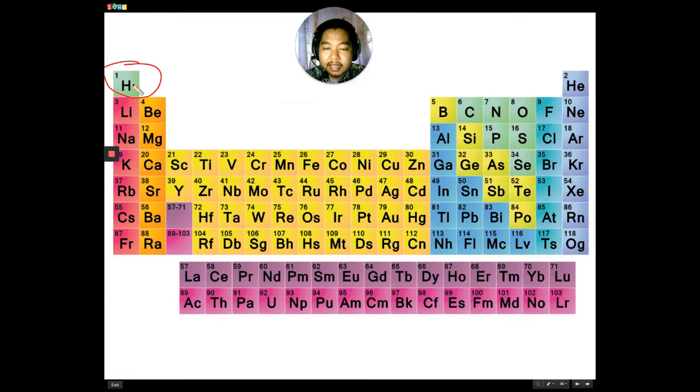Aside from the fact that it's a non-metal that is just placed in group 1 because it has 1 valence electron. Imagine if a hydrogen would lose or release its 1 electron. A hydrogen with 1 proton will only have 1 electron. And if it gives away its only electron, what would be left of it?